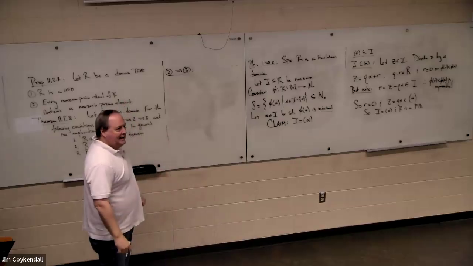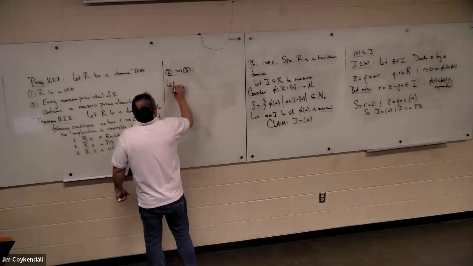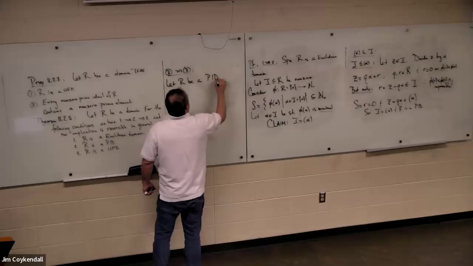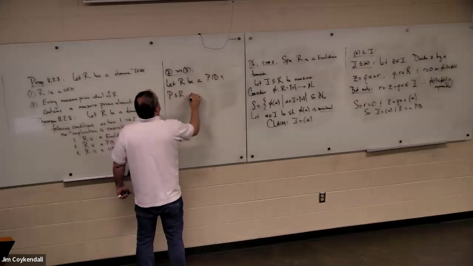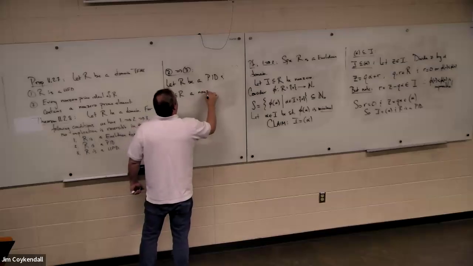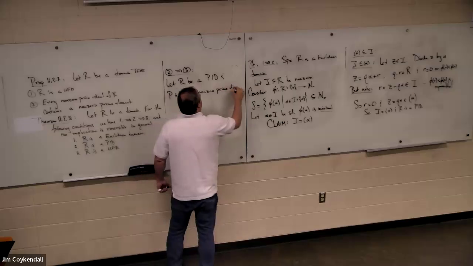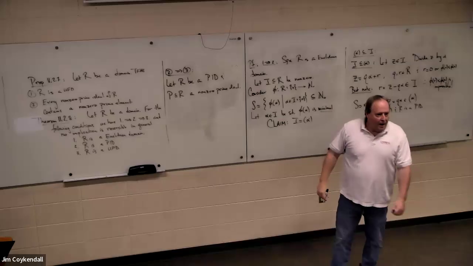So suppose I have a PID, and prove it's a UFD. So let R be a PID and p in R a non-zero prime. Right, okay, that's all.